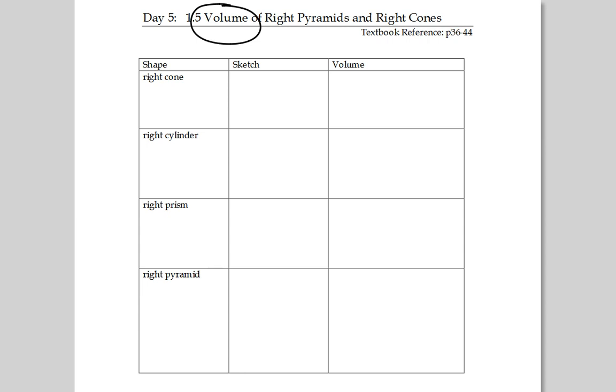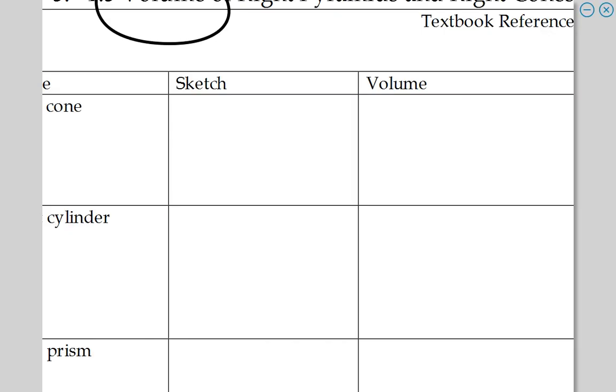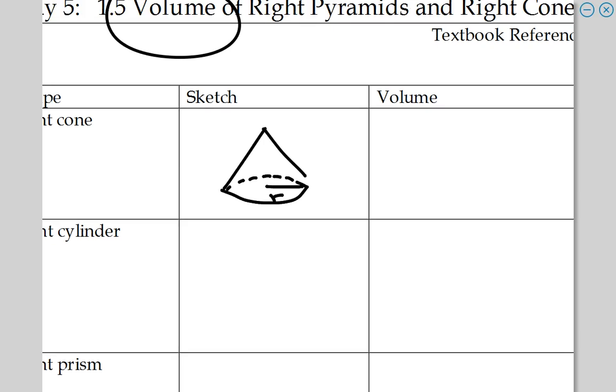Okay, let's take a look. So cone. For cone, you're going to need the radius, and you're going to need the vertical height. Okay? And you're going to find that the volume is much simpler to deal with, and that's nice.